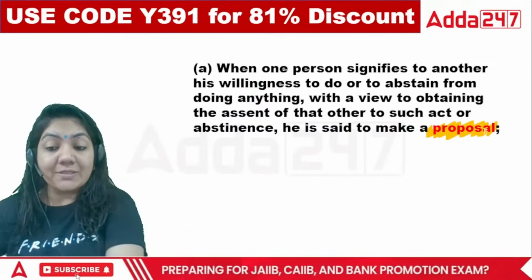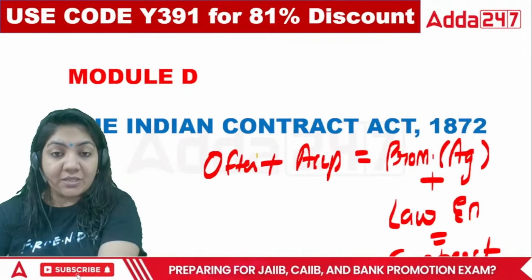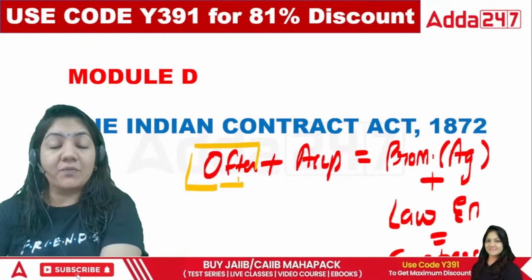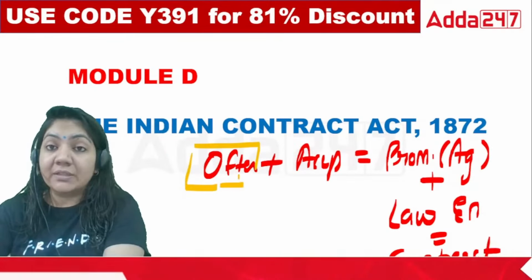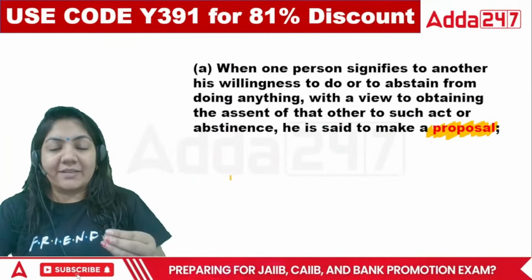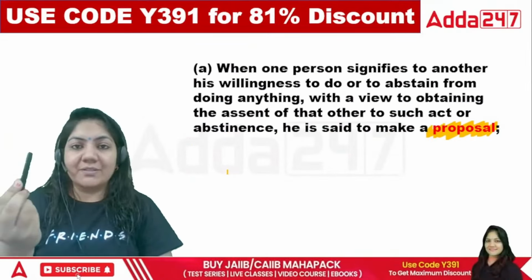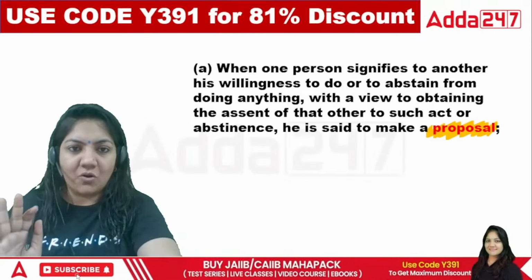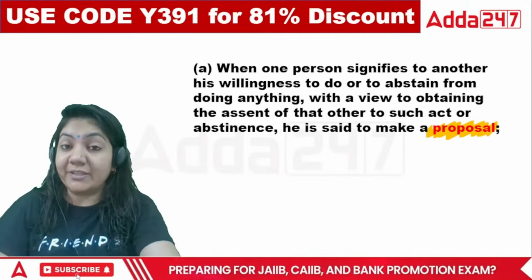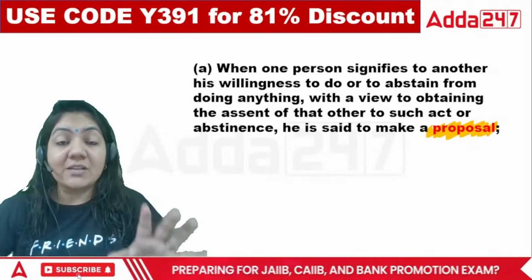What is proposal? In the formula of the general principle of contract, the term offer is called proposal. We know that if Nikita ma'am is offering this pen, that is called offer. You all know that. But this is not the legal term that is written in the Indian Contract Act.